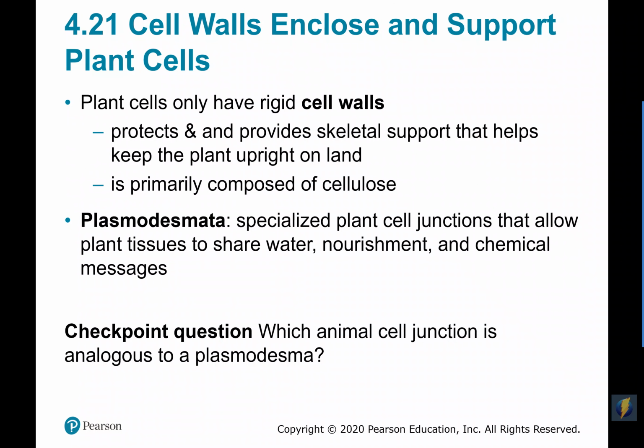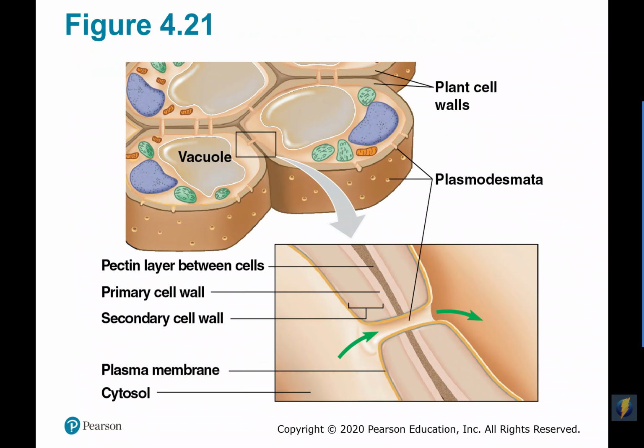If you said the plasmodesmata were similar to the gap junctions, you would be correct. So here you can see, here is our cell wall made of cellulose. And then here's the little plasmodesmata, so stuff can pretty easily move from one cell to the other. It's just like our gap junctions.